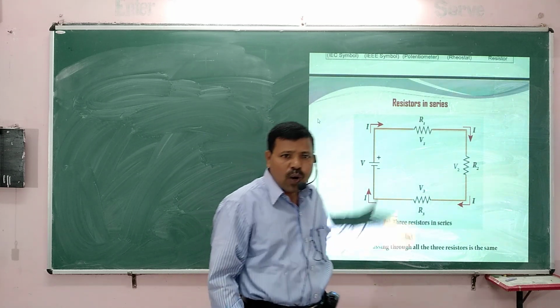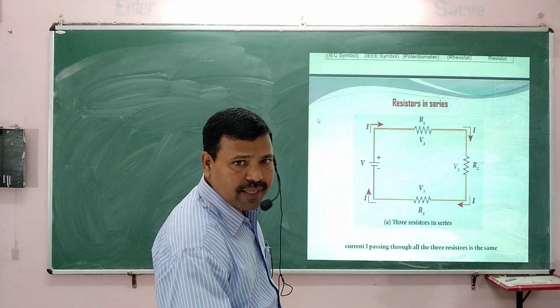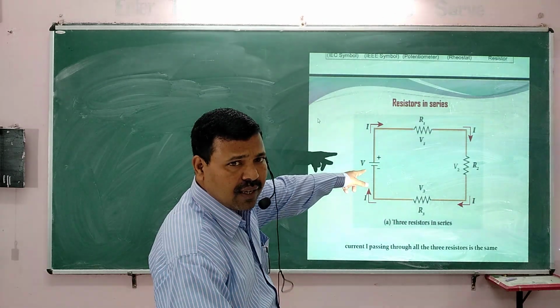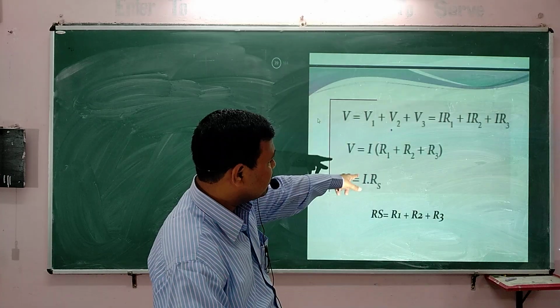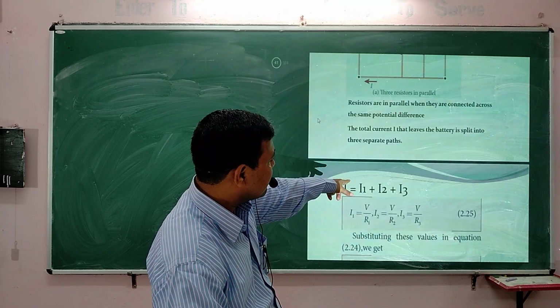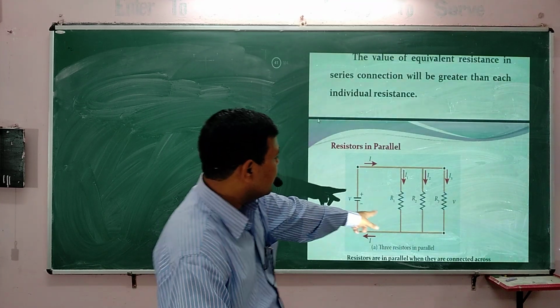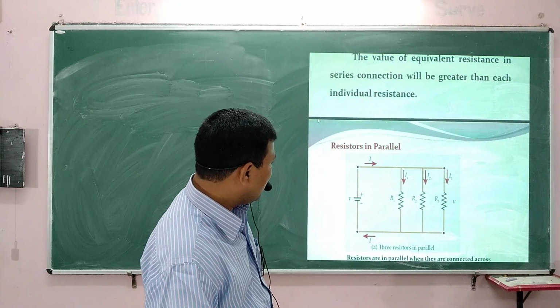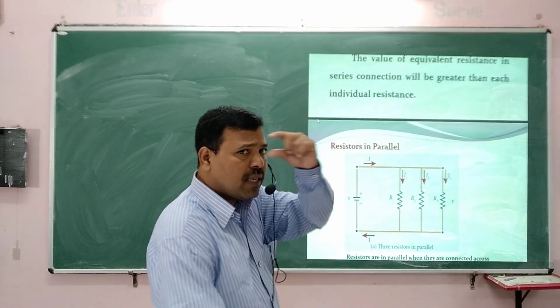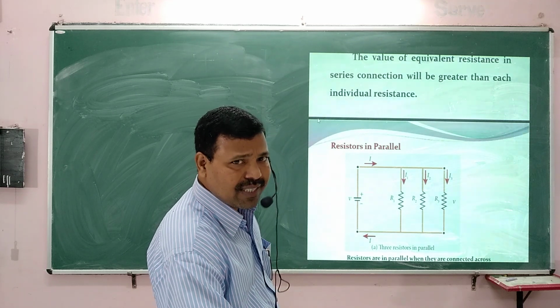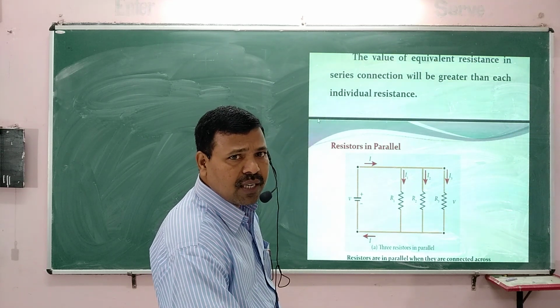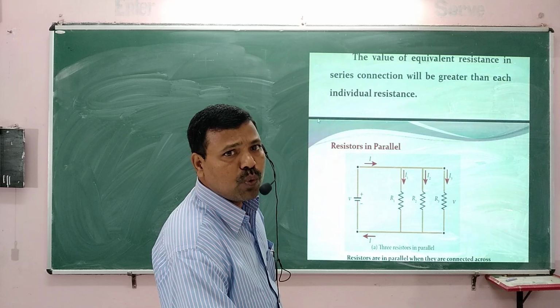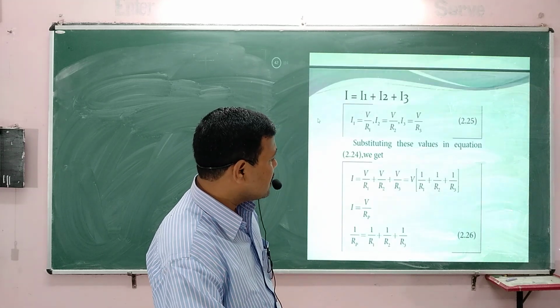You can see how these resistors are connected in parallel. This is resistors in series. And here these resistors are connected in parallel. In parallel combination, net resistance is always lesser. In series connection, net resistance will always be more than the individual resistance.